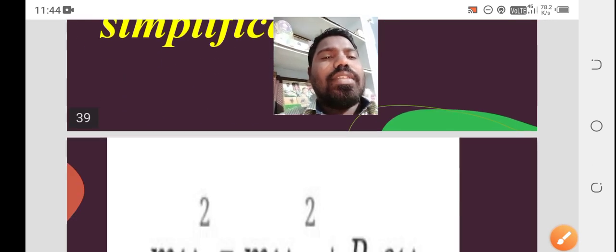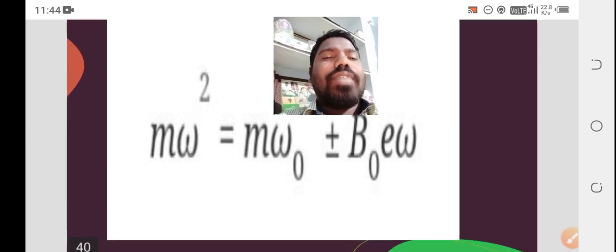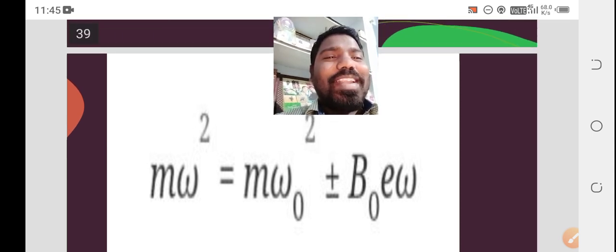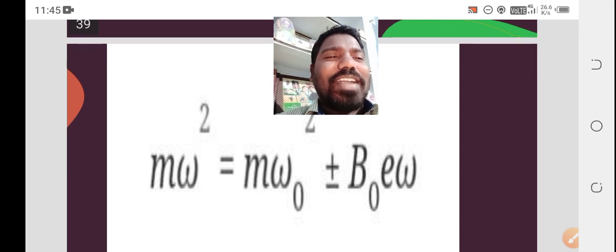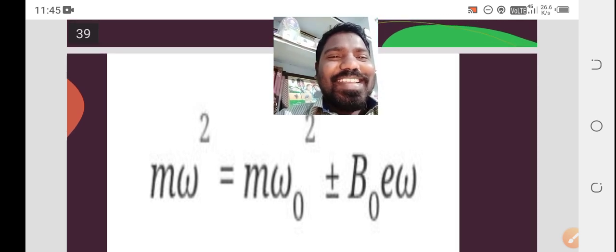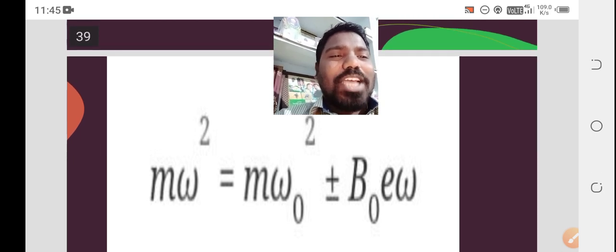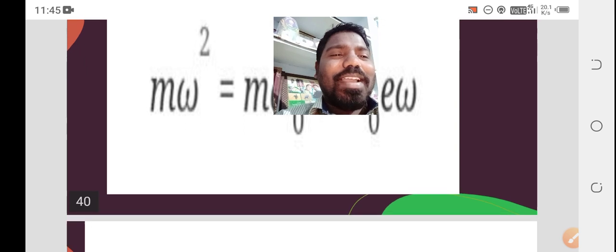So finally we get m omega square equal to m omega naught square plus or minus B naught E omega. After further simplification, when r is reduced, m omega square is m omega naught square plus or minus B naught E omega.